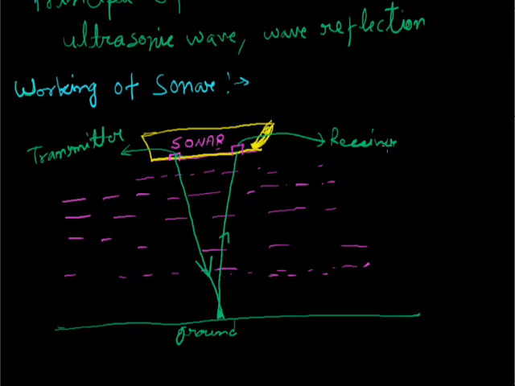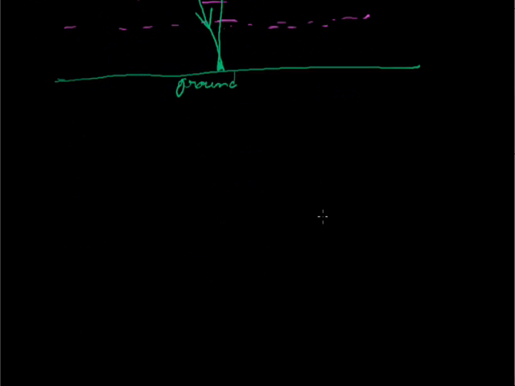We have discussed the echo in the previous lecture. Echo is basically the reflection of sound by any reflecting surface. So the apparatus consists of two parts, the transmitter and the receiver.